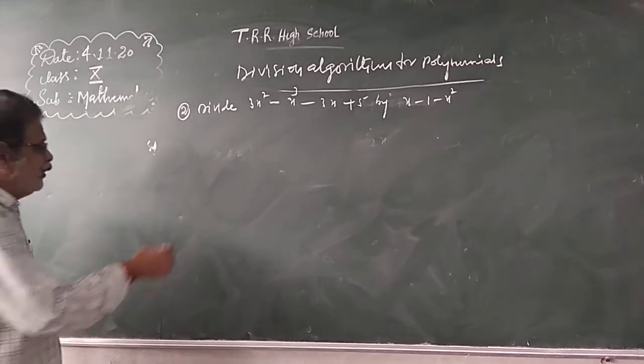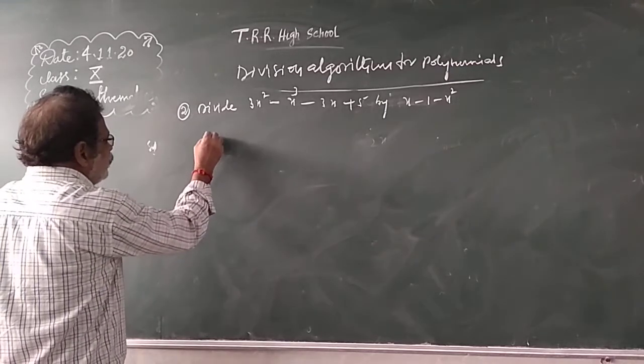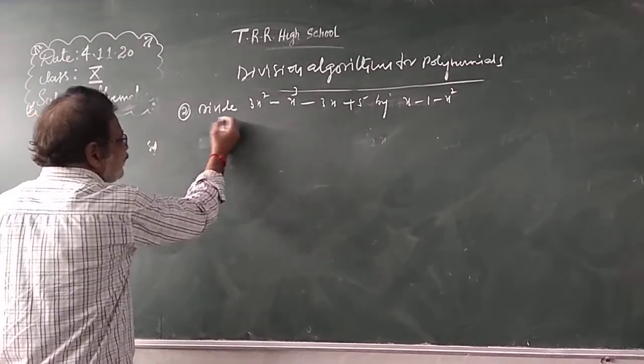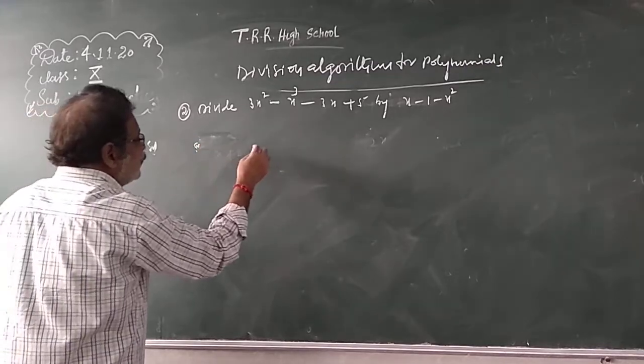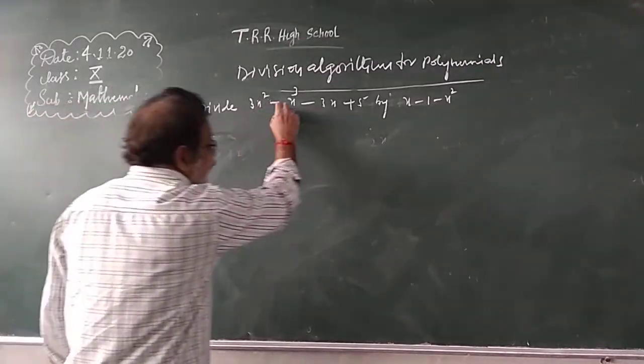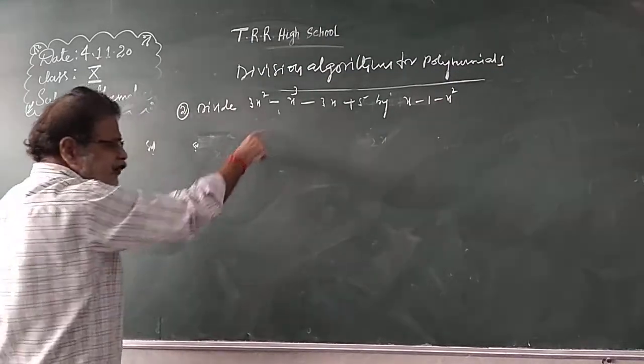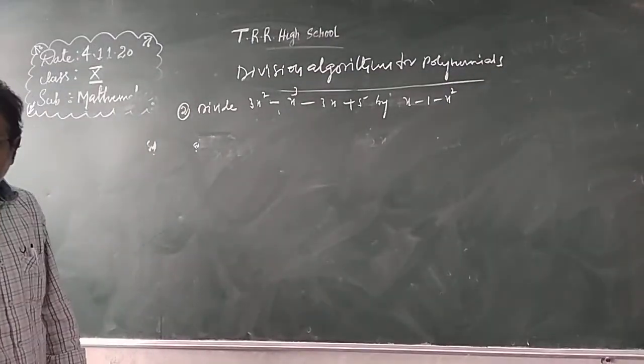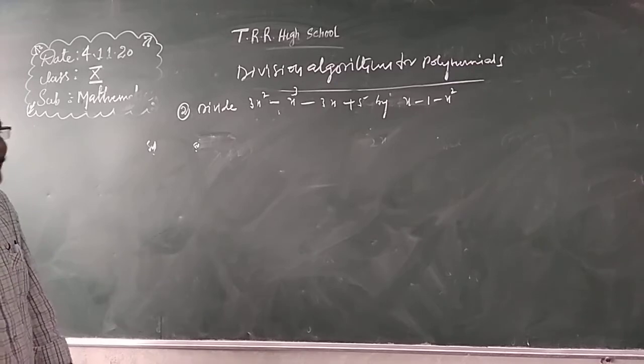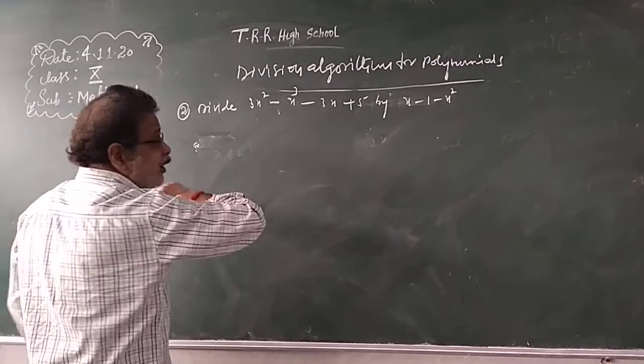This is P of x, this is Q of x, and this is the dividend. You arrange the terms of the dividend in the descending order of the degrees.